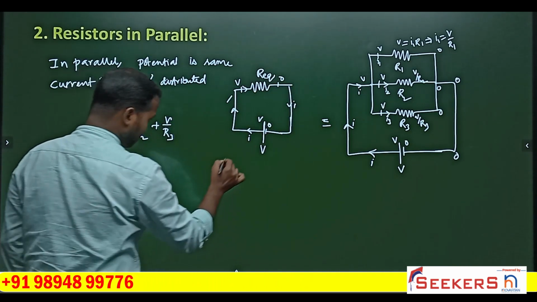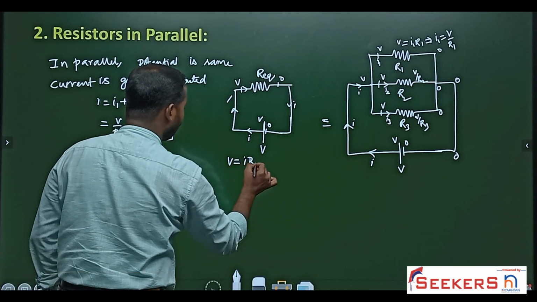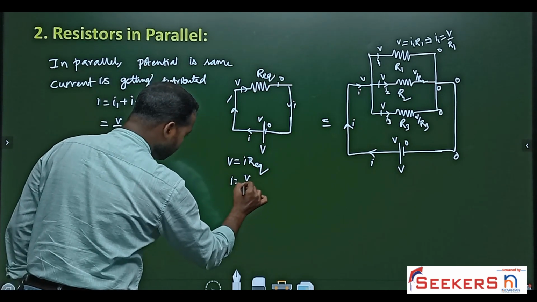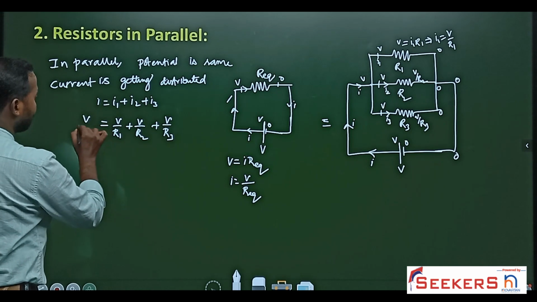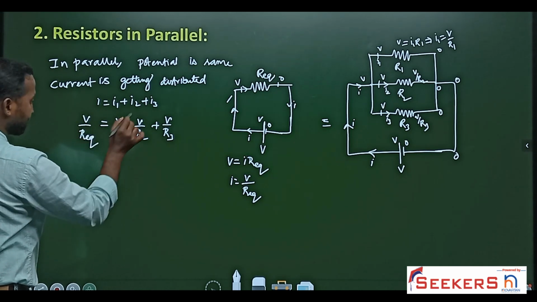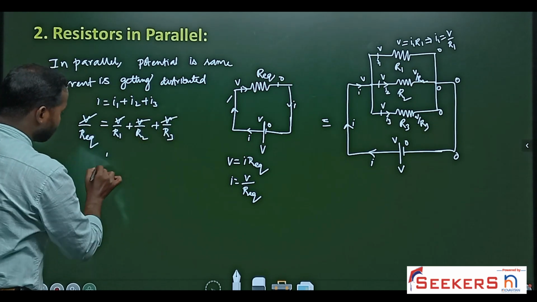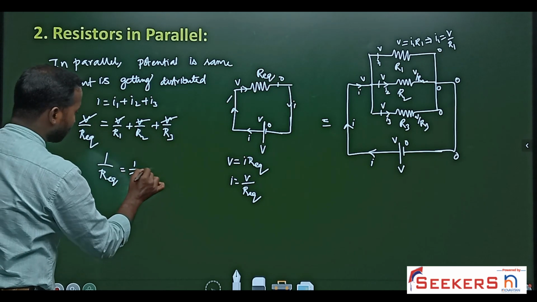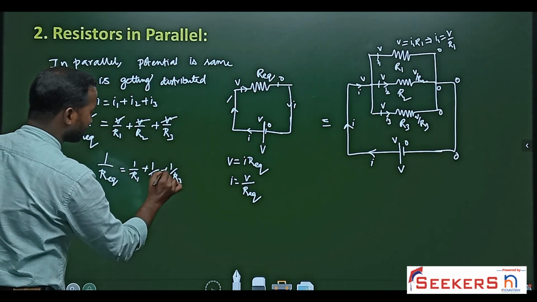Now can I say from Ohm's law, V is equal to I R equivalent. Now what is I? V by R equivalent. Now V by R equivalent is this. Can I cancel all these V's? Yes. So then 1 by R equivalent is equal to 1 by R1 plus 1 by R2 plus 1 by R3, and that's it.